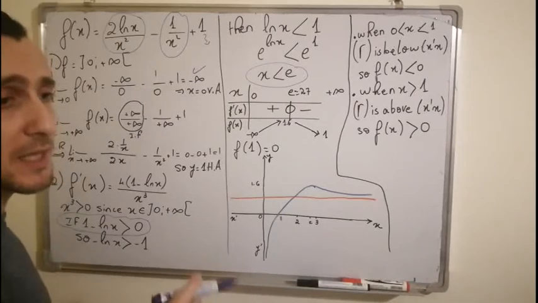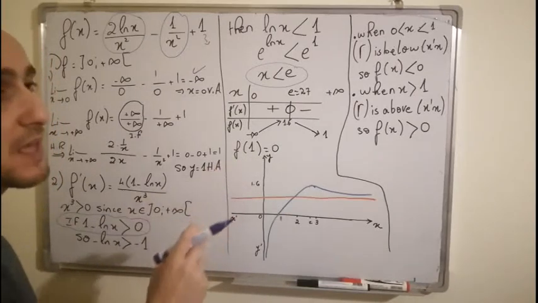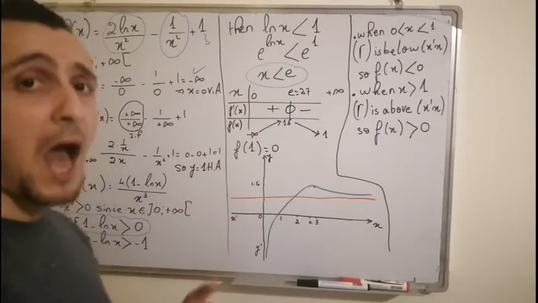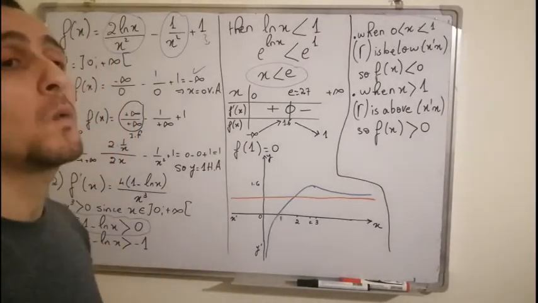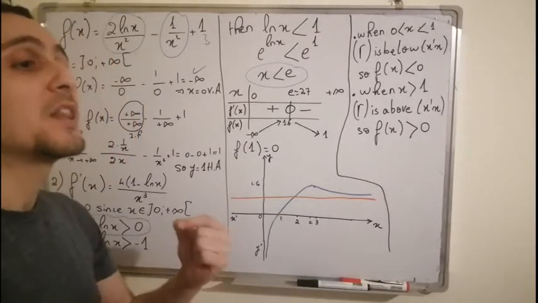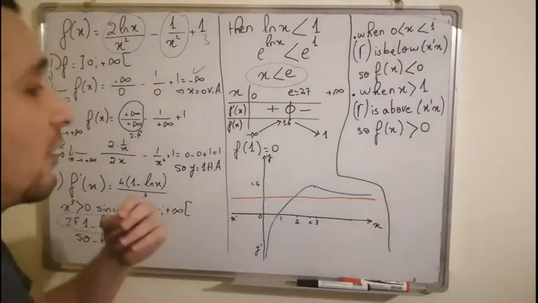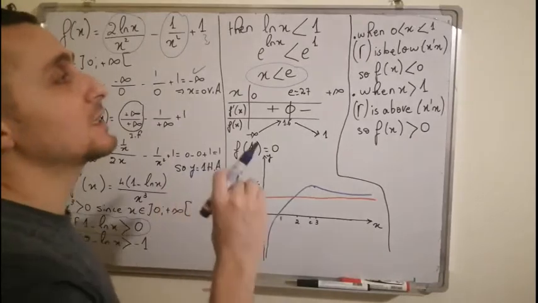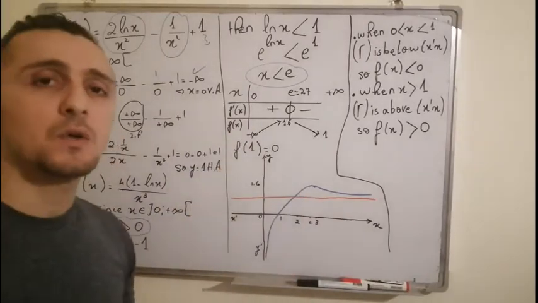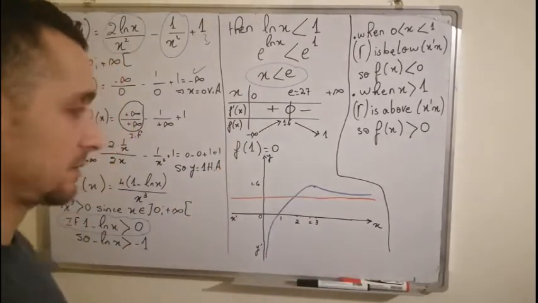Using your calculator, you can find the value of f of 1. f of 1 is equal to 0, and now we can draw the graph of this function to study the sign of f of x according to the values of x.